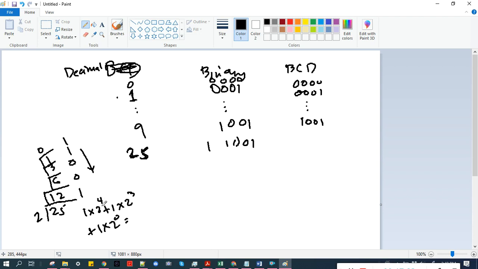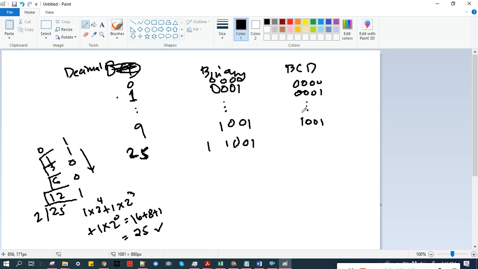So 2 to the power 4 is 16, plus 8, plus 1. 16 plus 9 is 25. So correct. The binary equivalent of decimal 25 is 1, 1, 0, 0, 1.